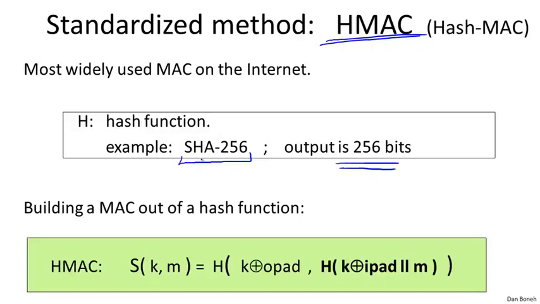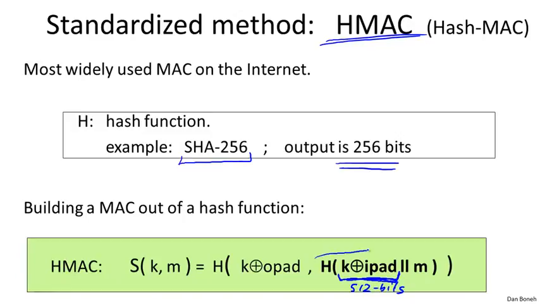So let me show you the construction. Here's the construction in symbols, and it works as follows. First, we take our key k, and we concatenate what's called an internal pad, an IPad, to it. This makes it into one block of the Merkle-Damgard construction. For example, this would be 512 bits in the case of SHA-256. We prepend this to the message m, and then we hash.